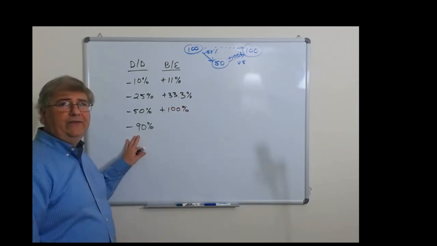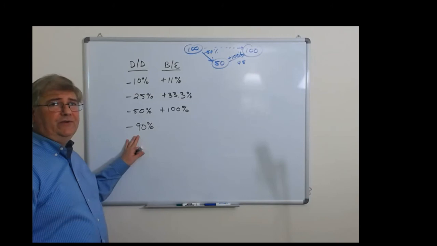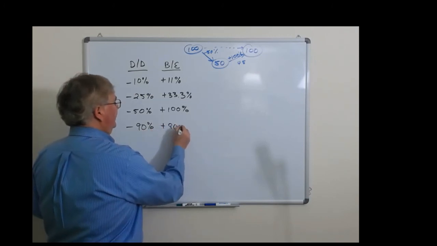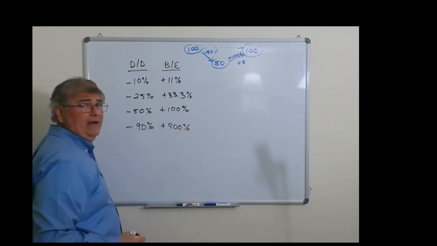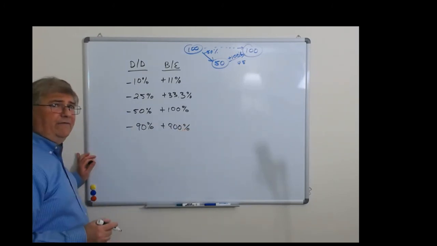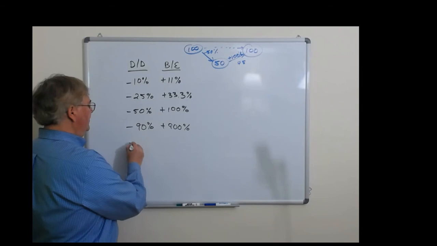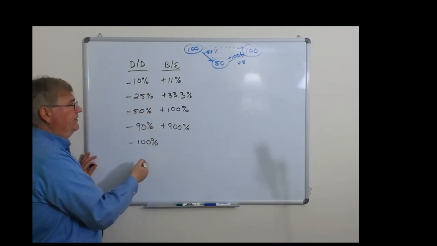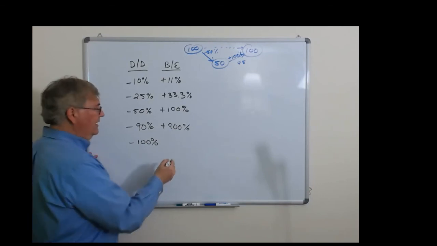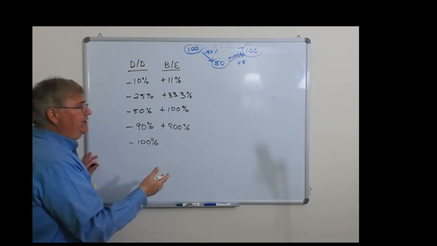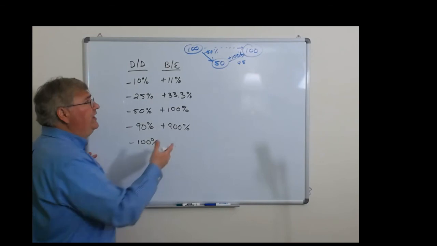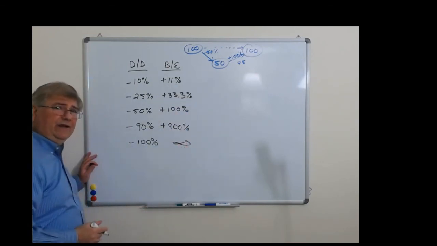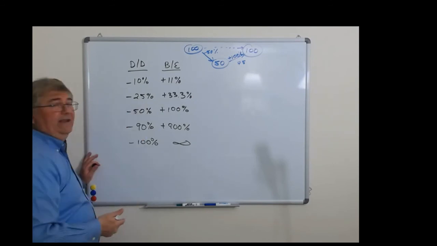And if you experience a 90% drawdown, you actually need a 900% rebound to get you back to break even. And finally, if you've experienced a 100% drawdown on your investment, means you lost everything. It means essentially you have nothing left to work with to get back to break even. And in that case, you need an infinite return to get back to break even.